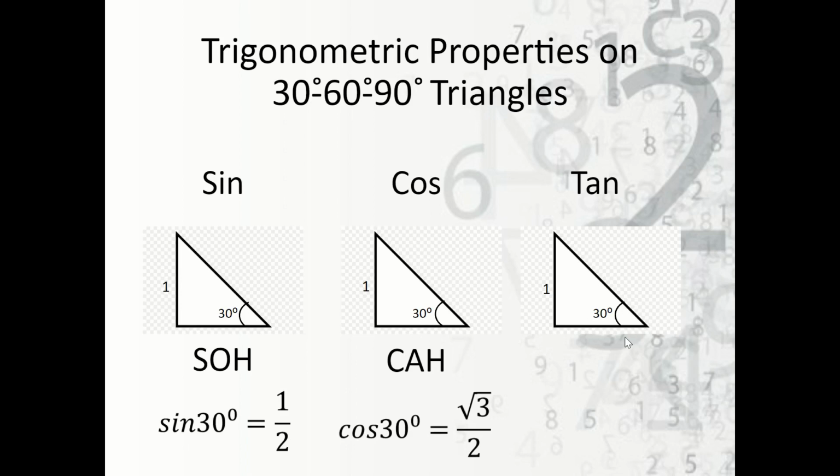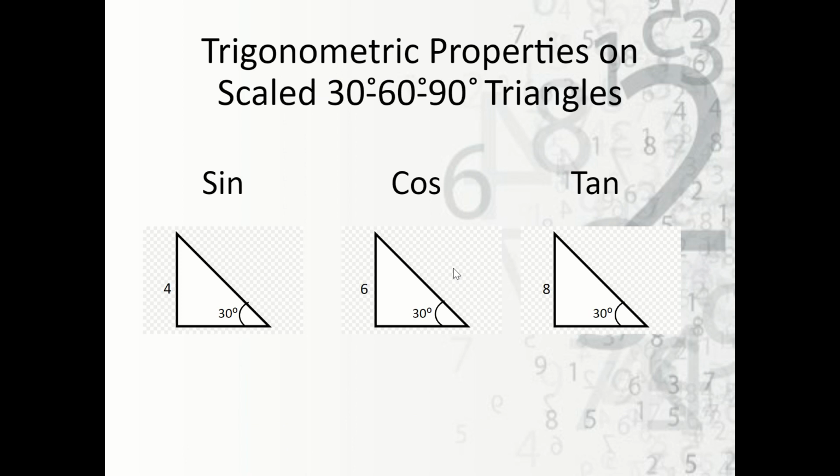Now tangent. Remember, tangent is opposite over adjacent. So the opposite side is 1, and the adjacent side should be square root of 3. So we should get 1 over square root of 3. Now what if we scale it? So this side here is 4, but it should be 1.